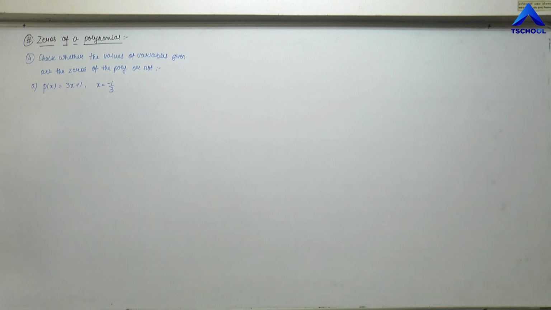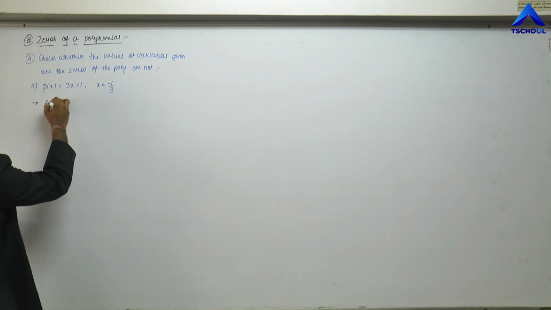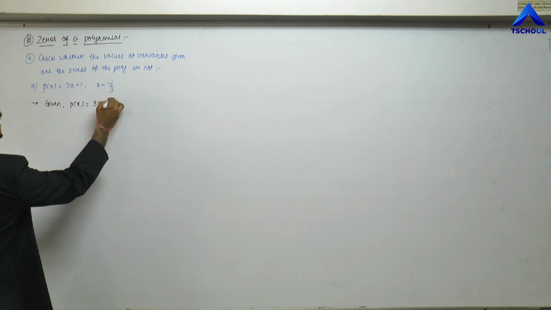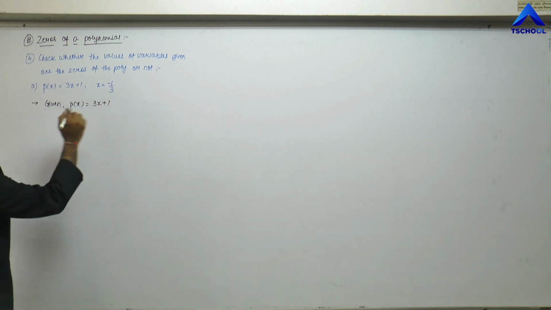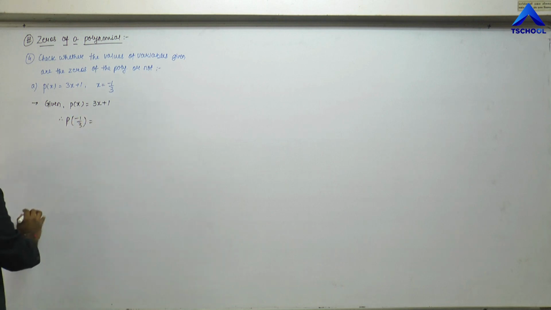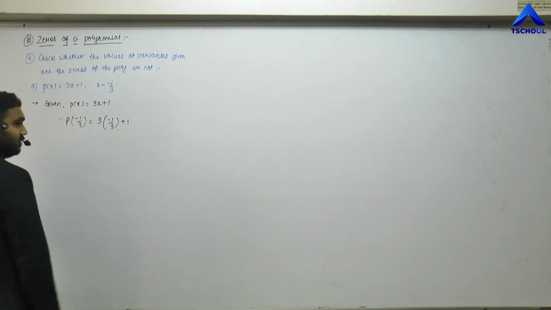So we are having this polynomial here, p of x is equals to 3x plus 1, x is equals to minus 1 by 3. Note that here we need to check whether this is the zero of the given polynomial or not. So for that we are going to do here, given p of x is equals to 3x plus 1, and therefore p of minus 1 by 3, that is 3 into minus 1 by 3 plus 1.